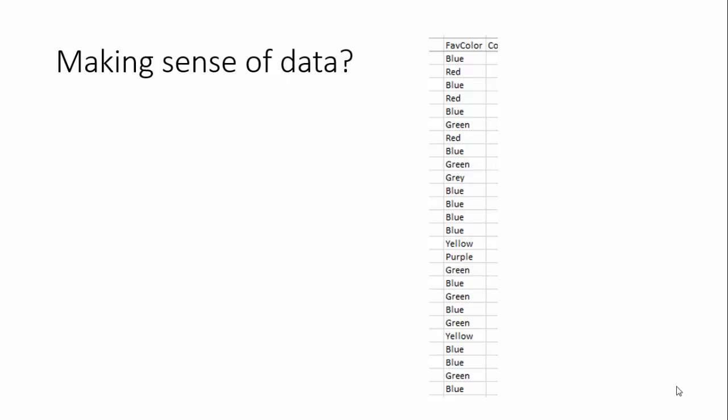So now I've focused down, but I still have the problem that there's lots of information here, and maybe I can tell some things from looking down the column, like blue seems to be very popular, but what's the second most popular color? It's not really clear from here. Green shows up a lot, as does yellow.